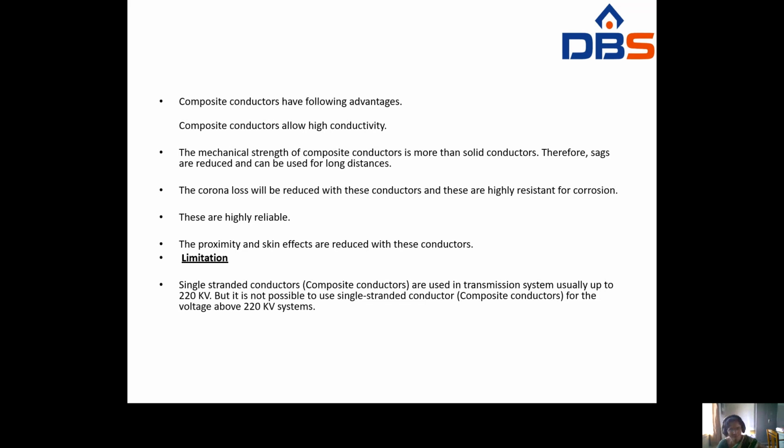Coming to the limitation, single stranded conductors, that is composite conductors, are used in the transmission line usually up to 220 kV. It is not possible to use a single composite conductor for voltages above 220 kV.